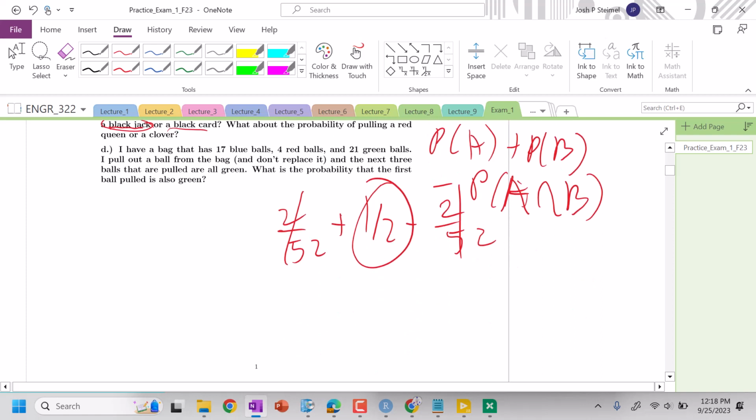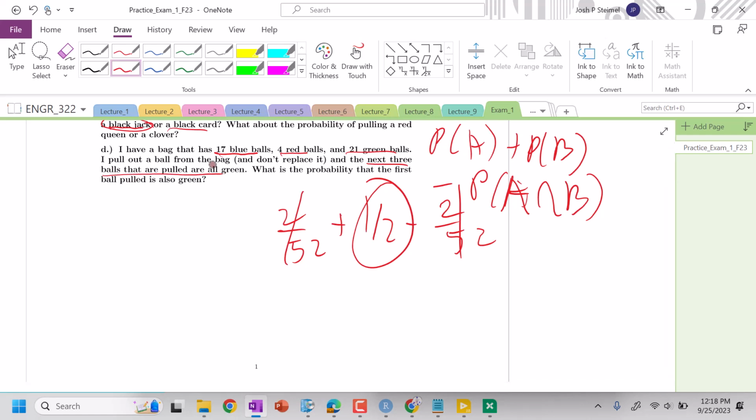Excellent. Now, I have a bag that has 17 blue balls, 4 red balls, and 21 green balls. I pull out a single ball from the bag and I don't replace it. The next 3 balls pulled are all green. What is the probability that the first ball pulled is also green?